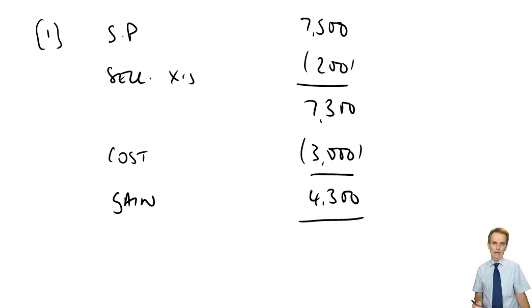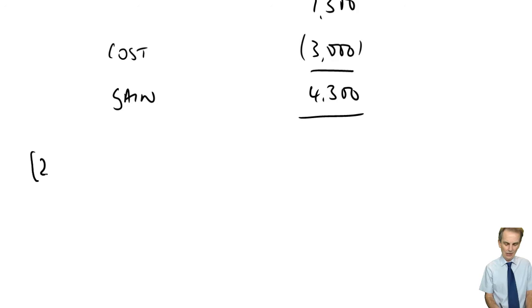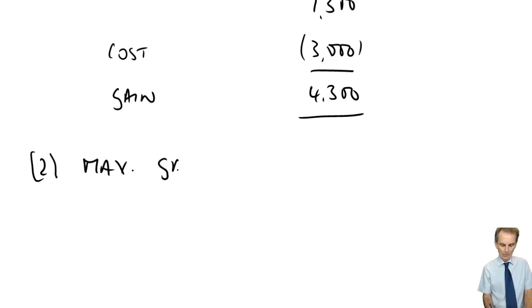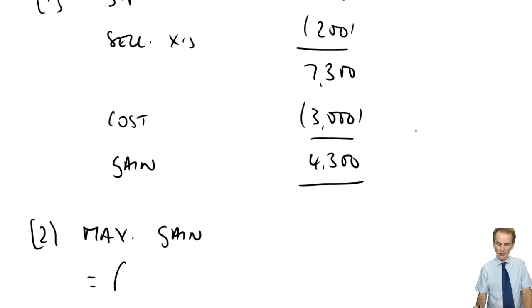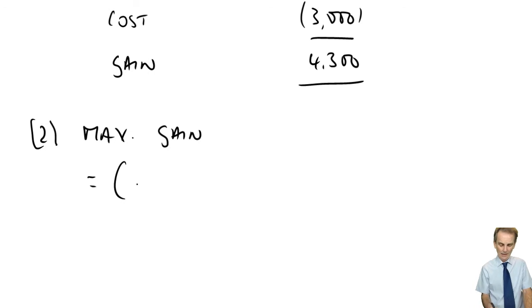Work out the gain. But because this is a chattel that was bought for less than and now sold for more than 6,000, we now calculate in our second computation our maximum gain. This is the restriction. Our maximum gain will equal: what were our gross proceeds, not the 7,300, but the 7,500, minus 6,000.